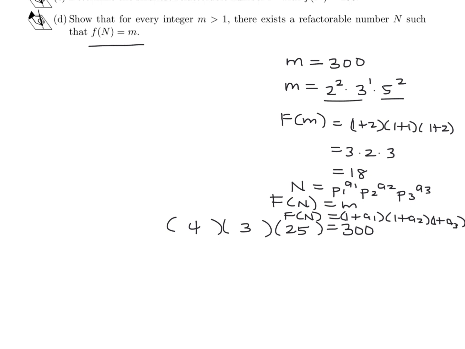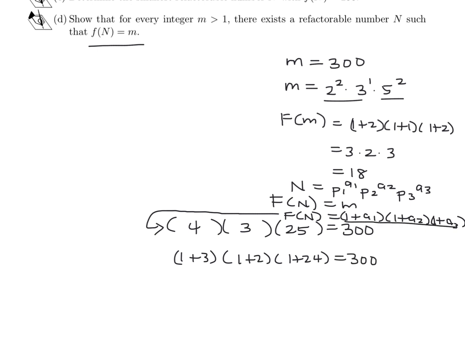So if you make this 1 plus 3, 1 plus 2, and 1 plus 24, then if you compare, that means this is a1, this is a2, and this is a3.